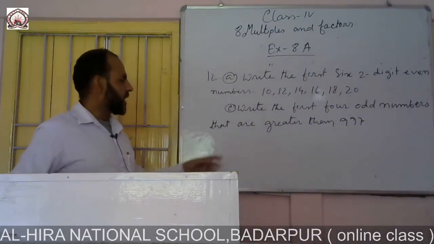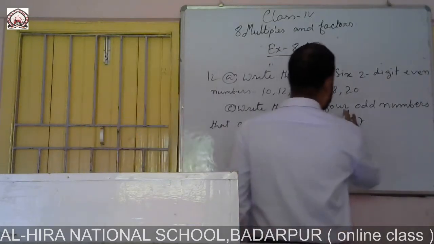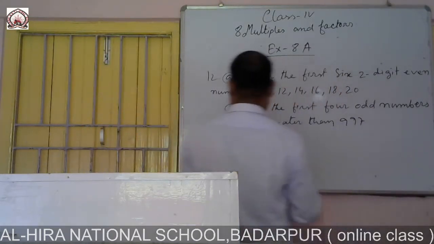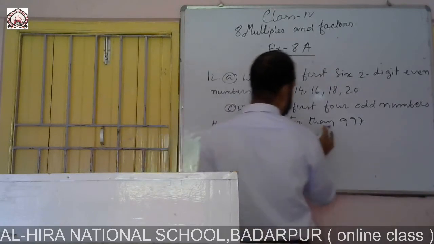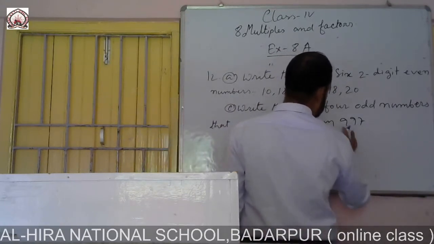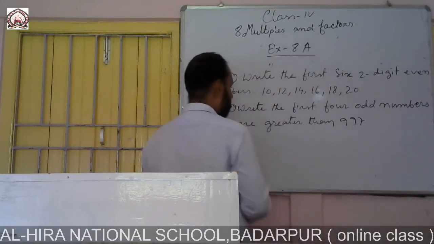So, write the first 4 odd numbers that are greater than what? 997.